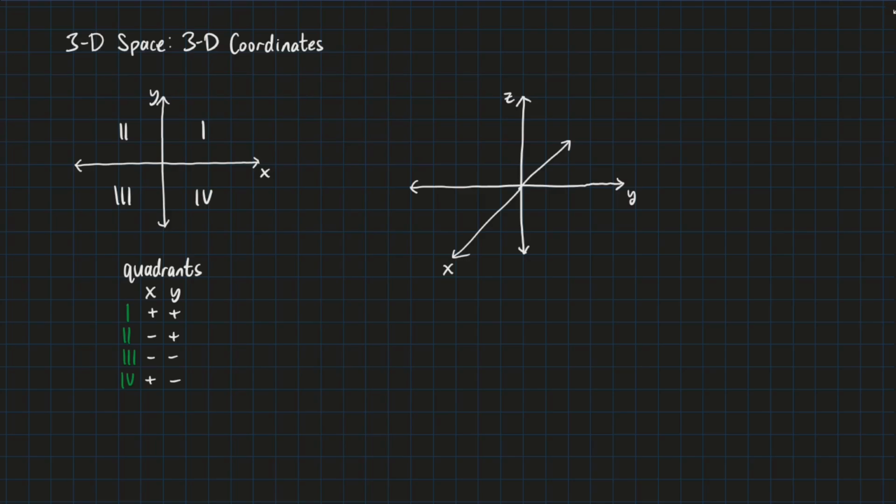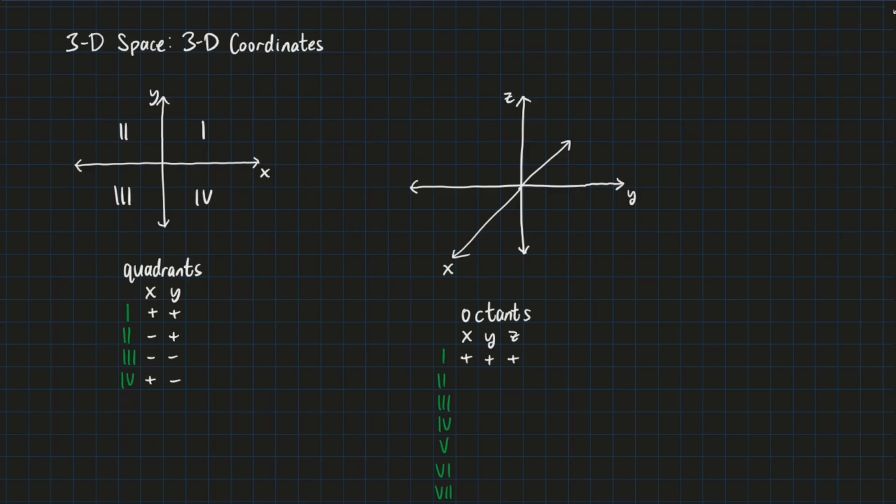So with 3 axes in 3 dimensions, we divide the space up into 8 octants. Now we would have x, y, and z. We'll have 1, 2, 3, 4, 5, 6, 7, and 8. Those are the octants. And similarly, in octant 1, x, y, and z are all positive.